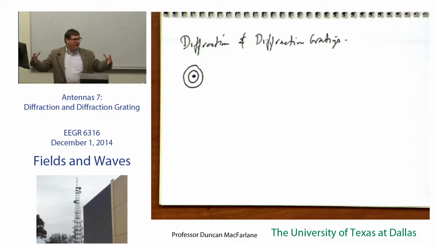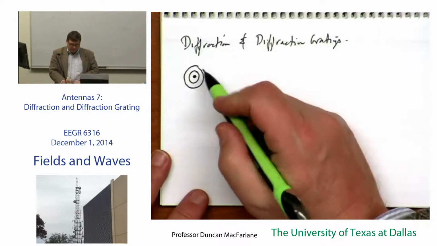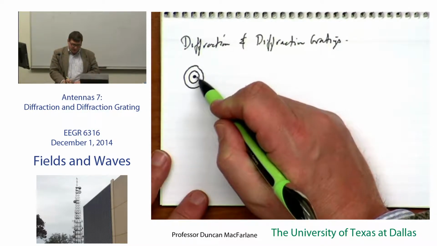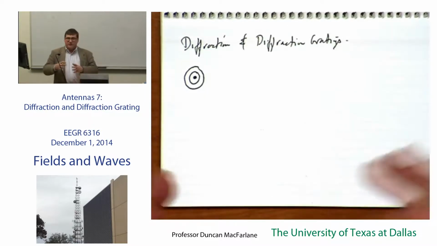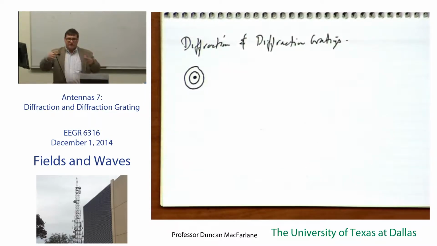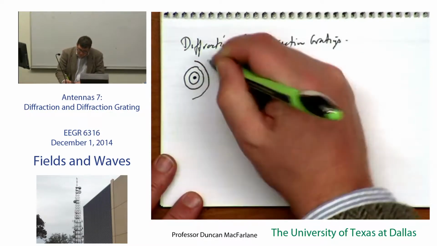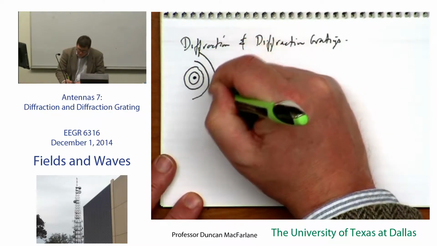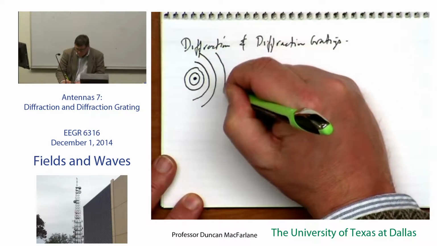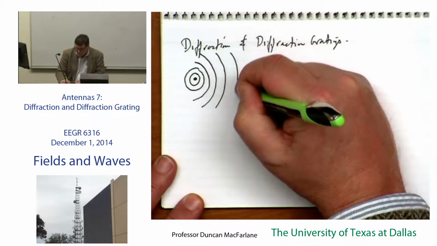So if I freeze time, I see maxes, mins, maxes, mins, maxes as I slice through an orange or a sphere. Okay? The radius of these phase fronts gets bigger and bigger as I move further away.